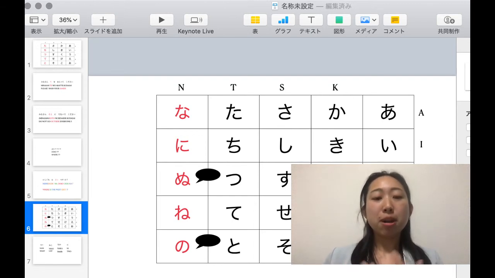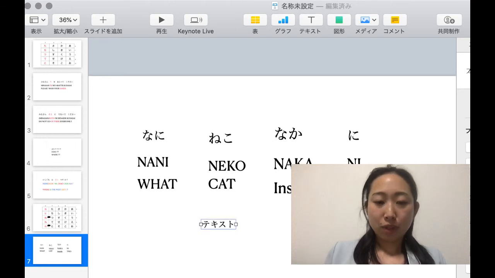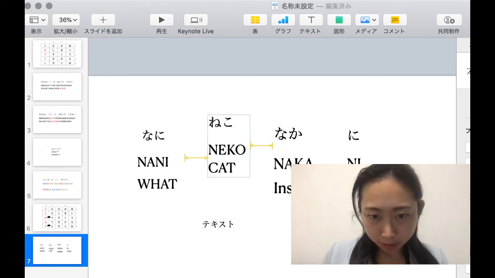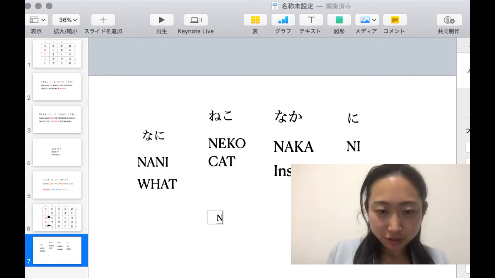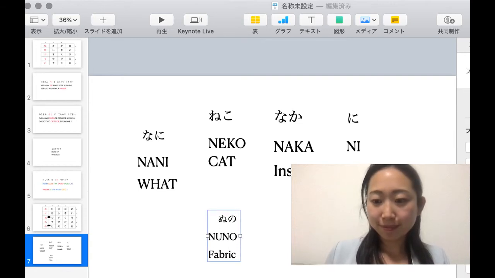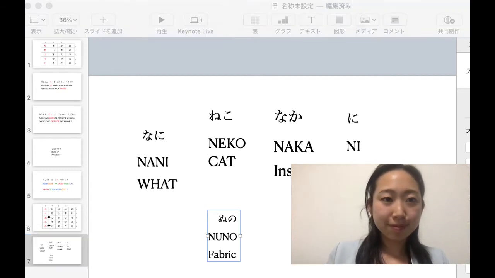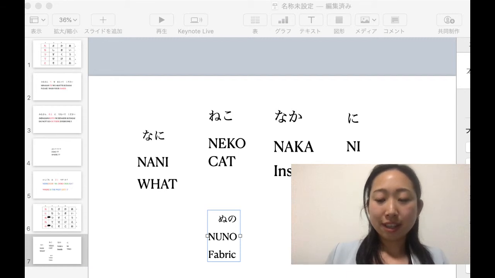Cloth, fabric, 布. I'm wondering if I have enough space for fabric. 布. Okay. Fabric. Got it. Thank you.